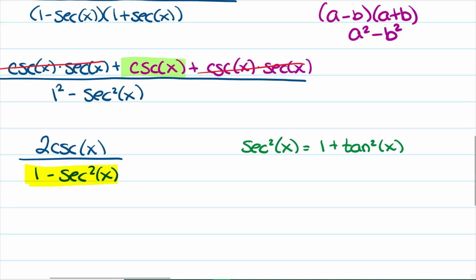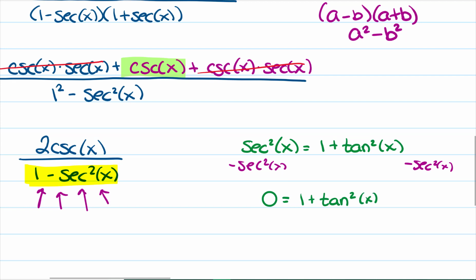Now keep in mind, my goal is to create 1 minus secant squared. That's my goal. So what I'm going to do is move the secant squared over here, and take this tangent and put it over here. So step by step, I'm going to subtract secant squared from both sides. And I'm going to get 0 is equal to 1 plus tangent squared of x minus secant squared of x.